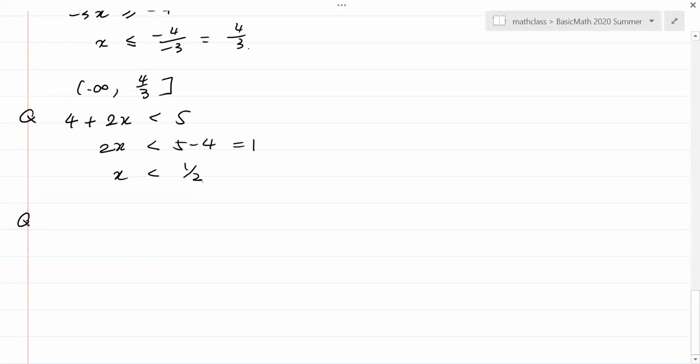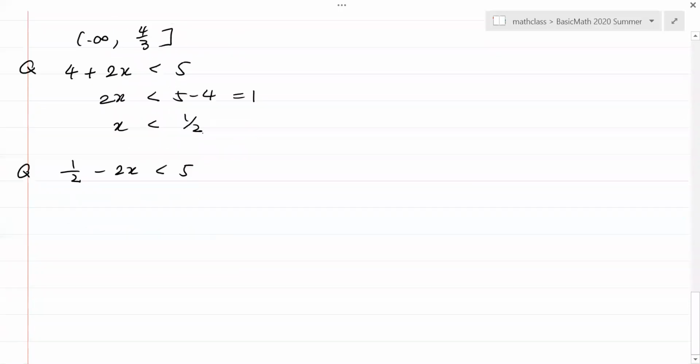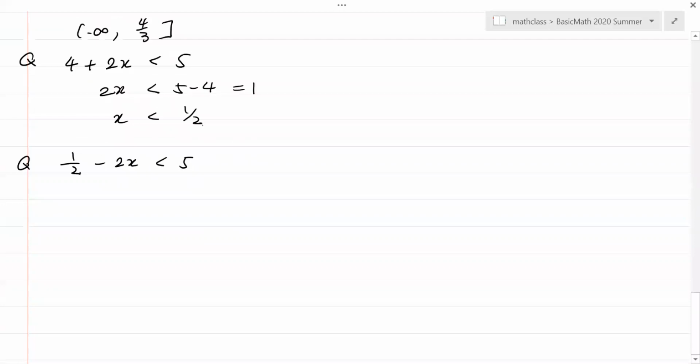The next one is slightly different. So try this. Find the best way to solve it. Maybe I put it less than or equal to 5.